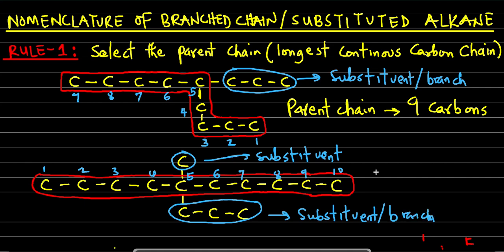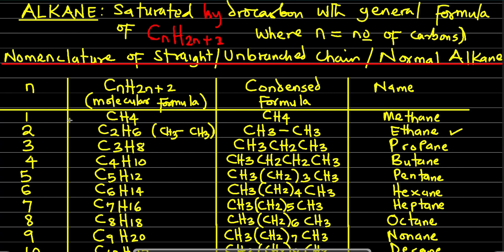Now, if you remember the previous one we did, let's go back to this. In this case, all of them were unbranched. This is the normal alkane. This particular one does not need any rule to know the name; the name is already constant. The alkane that has 2 carbon atoms unbranched is ethane.